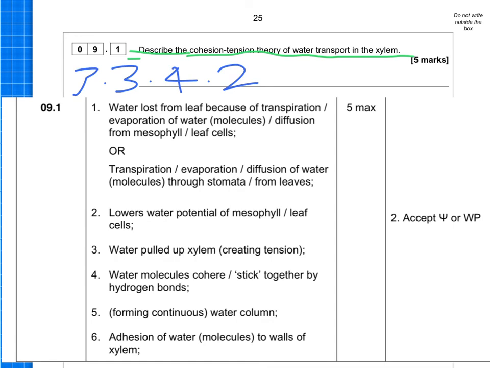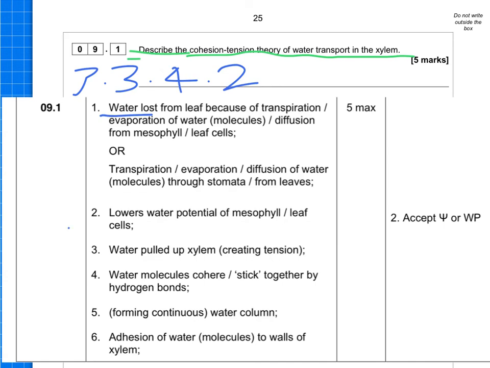But you can't just say water is lost. You can't say water is lost through the stomata, for example. It's because of transpiration. That's the first one. Or you could say transpiration through the stomata. If you were going to say water is lost through the stomata, you need to say diffusion of water.